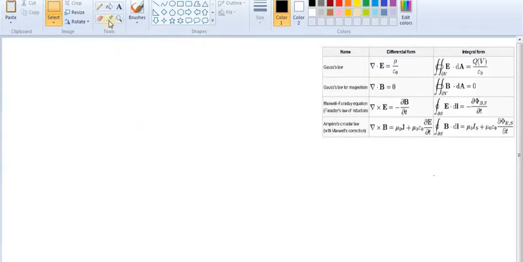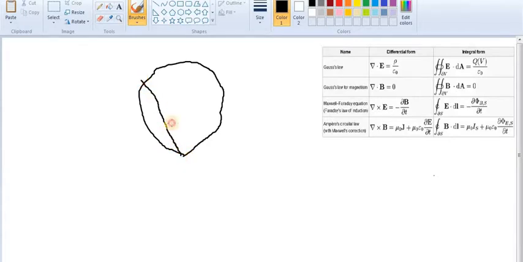Suppose the radiation pattern of the antenna is like this, taking only half of the cycle. So this is the 3 dB beamwidth, I can say.